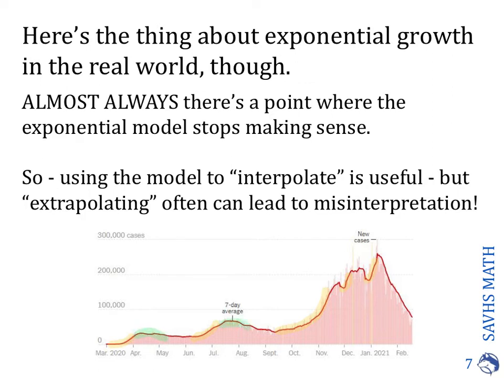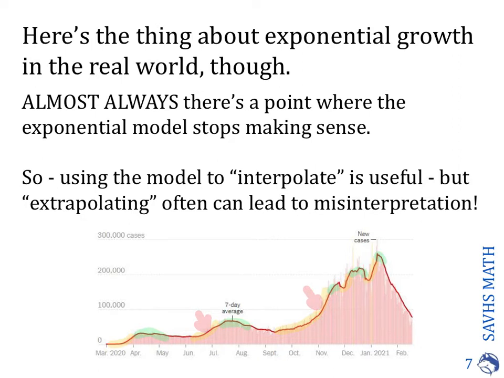Exponential growth in the world often has limits, and because of that, you can't really say it's always going to be an exponential growth function. But for parts of things, like if I was guessing what was happening right in here or right in here, I might be able to use an exponential function to model this.